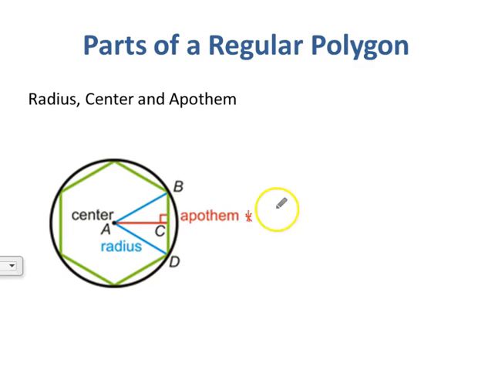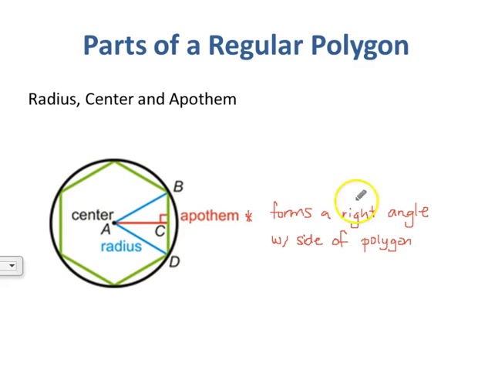The apothem forms a right angle with the side of the polygon. That's what an apothem is. We're going to see the apothem on the next slide, because I'm about to introduce how we find the area of a regular polygon and what the formula is.